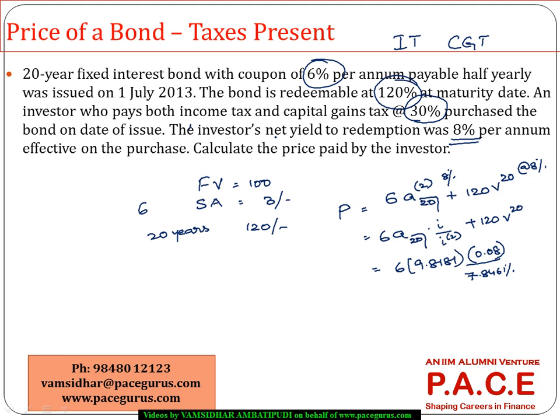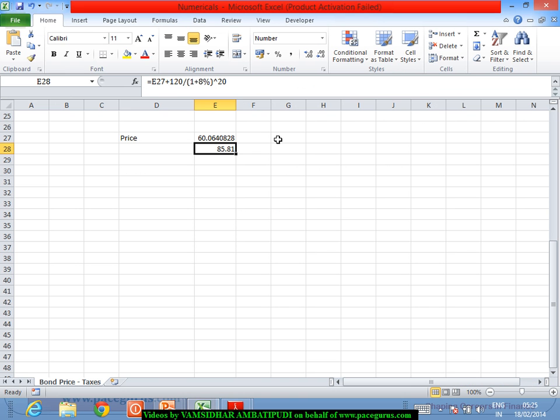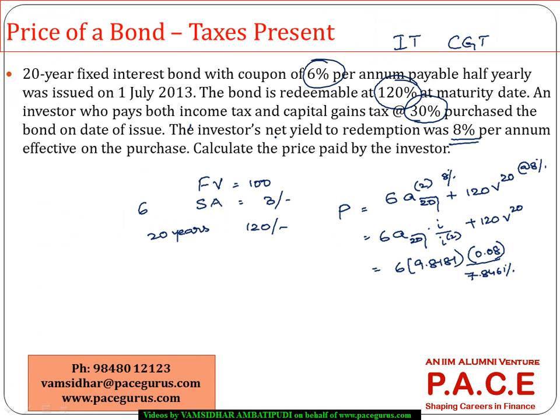after 20 years. The no arbitrage price for this bond would have been 85. But because of the presence of taxes of 30%, the 6 which is coming per year is subjected to a 30% tax. So obviously what is coming out is only 70% of this 6. The rest all remains the same.